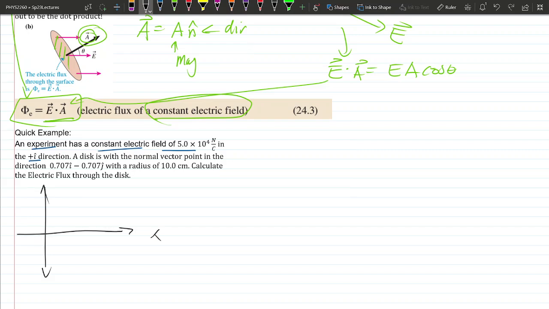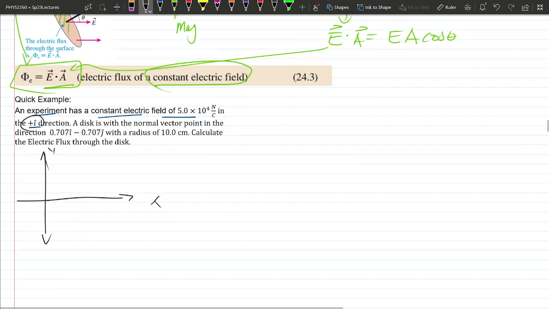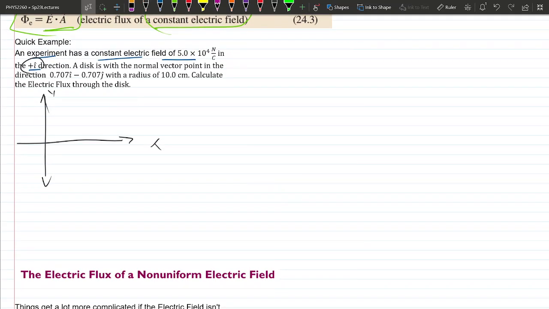Since this electric field is in the i hat direction, we expect it to go in the horizontal direction, so I'm going to draw that. So this is the setup of the problem. We have some electric field that is constant. I can even draw it shorter actually. It might be more clear if I don't.